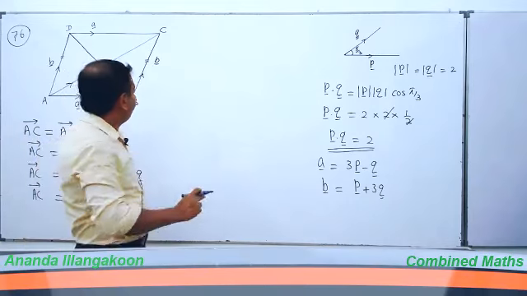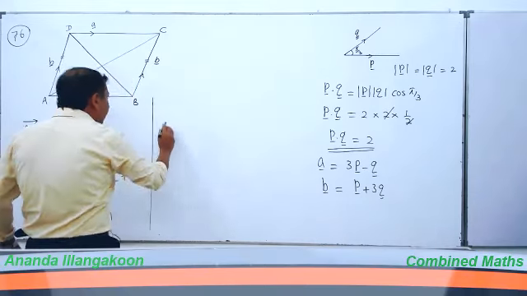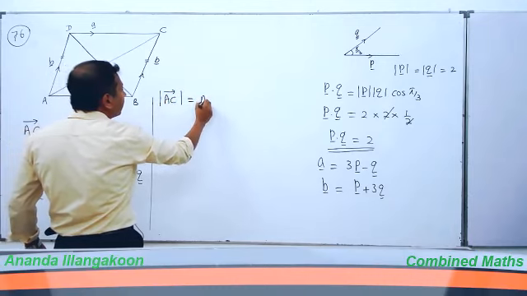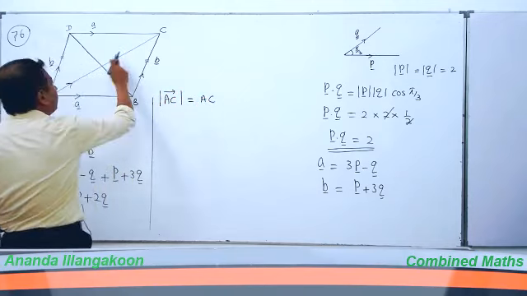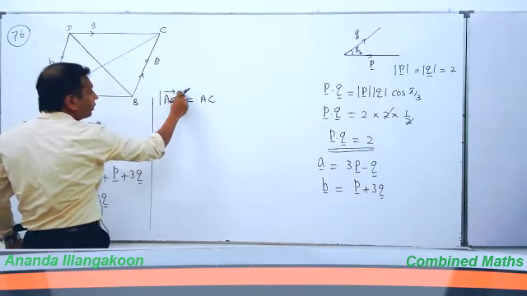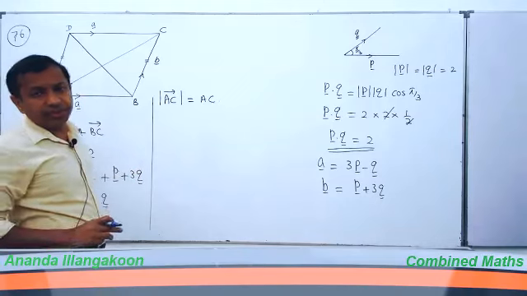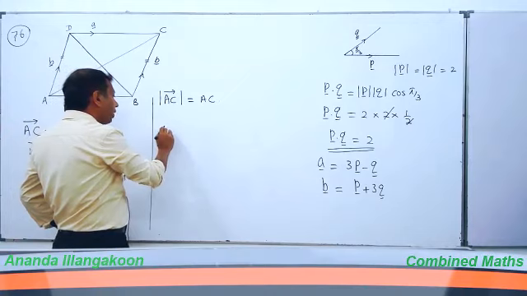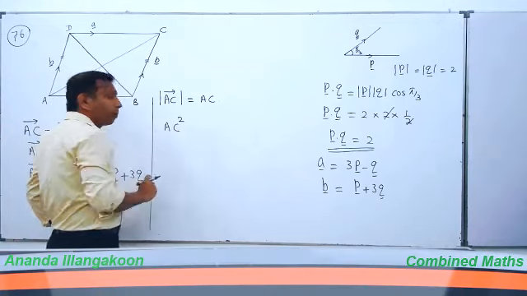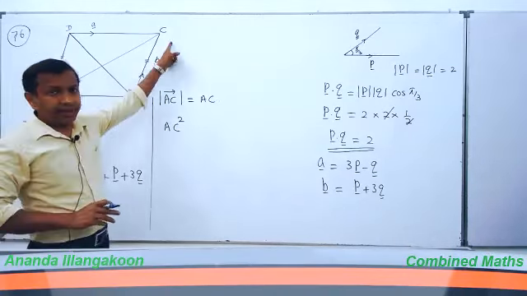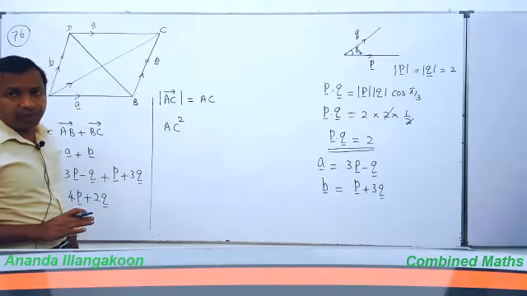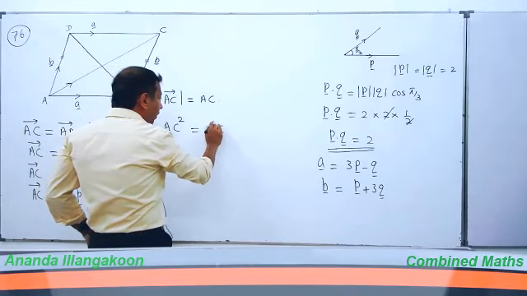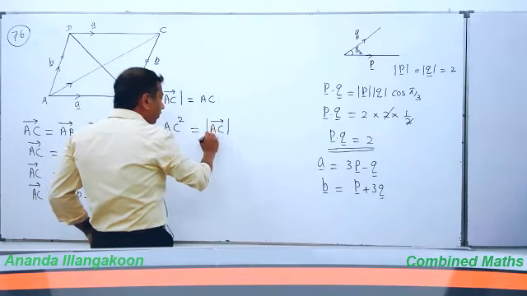Now, AC vector modulus means what? AC length. The modulus of the vector from A to C is the AC length. AC squared, that means this AC length, the diagonal, is a perfect square.